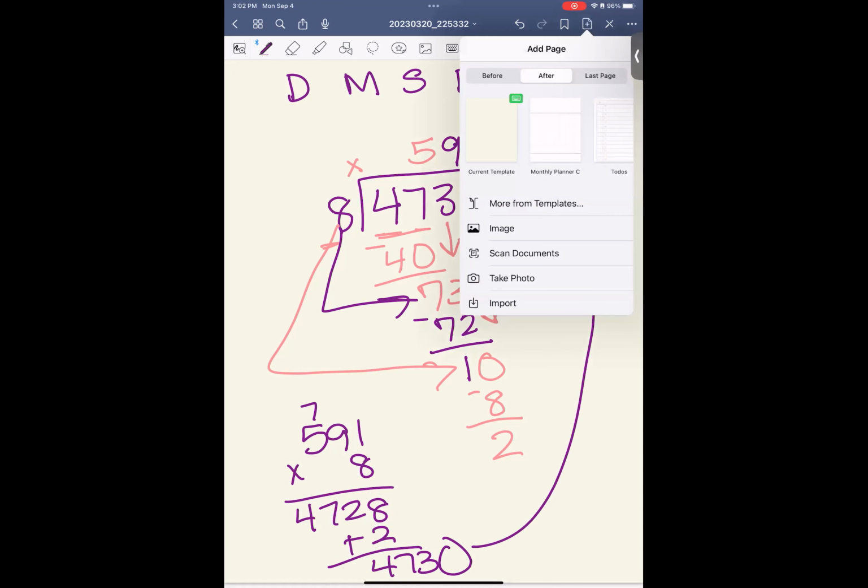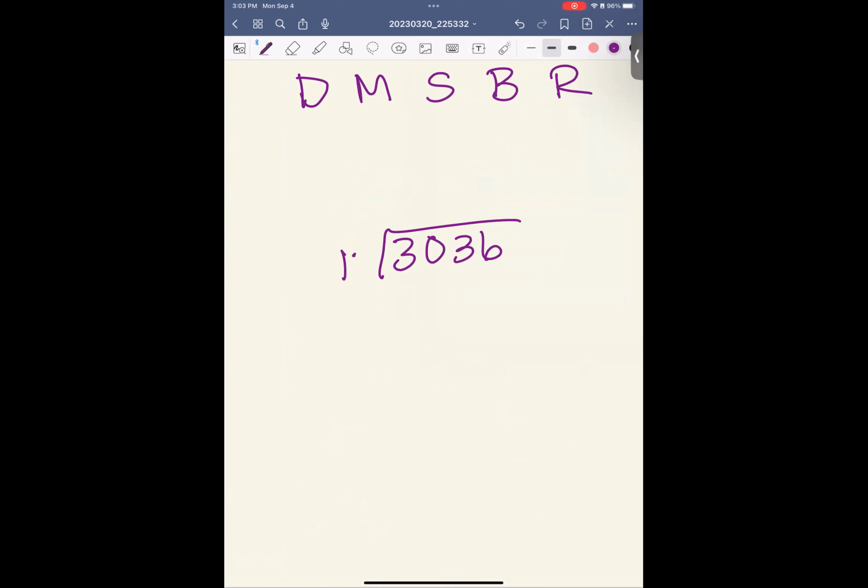All right, loves, let's take a look at one more example where we have a 2-digit divisor. So divide, multiply, subtract, bring down, repeat. Let's take a look at 3,036 divided by 12.